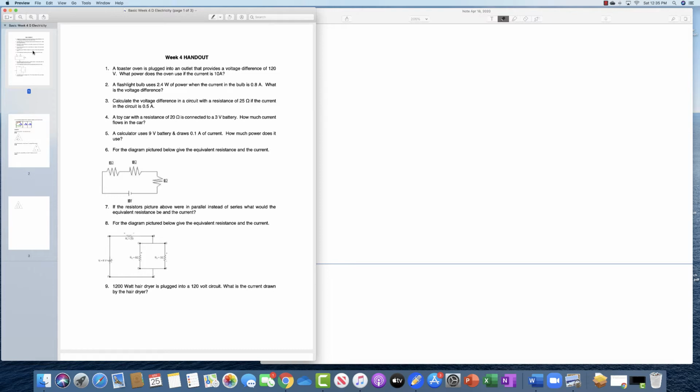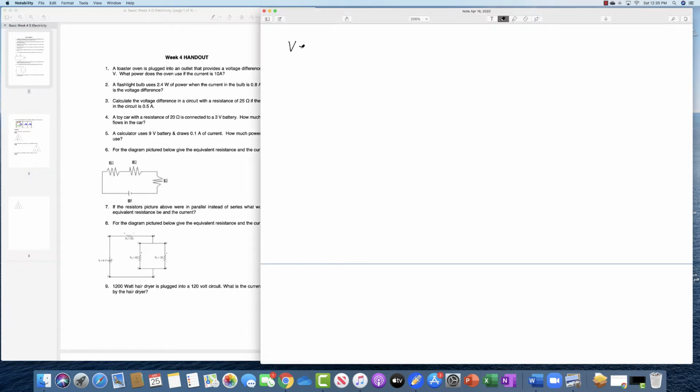The question is the following. A toaster oven is plugged into an outlet that provides a voltage difference of 120 volts. So V is 120 volts. And what is the power the oven uses if the current's 10 amps? So I is common for amperage or current, and it's 10 amps.